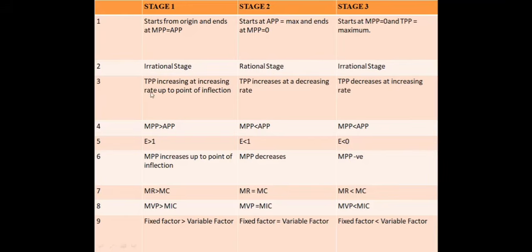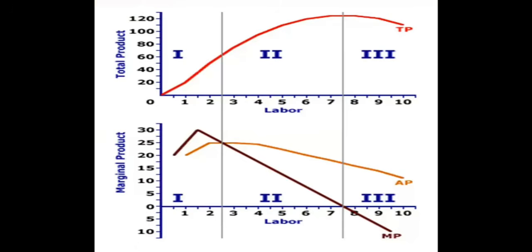Coming to the third point, in stage 1, our TP curve is increasing at an increasing rate up to the point of inflection. Well, what is the point of inflection? The point of inflection is the point where MPP is maximum. Your MPP is maximum here. So we can say up to this point, your TPP curve is increasing at an increasing rate.